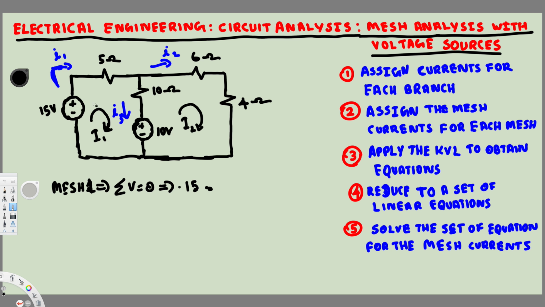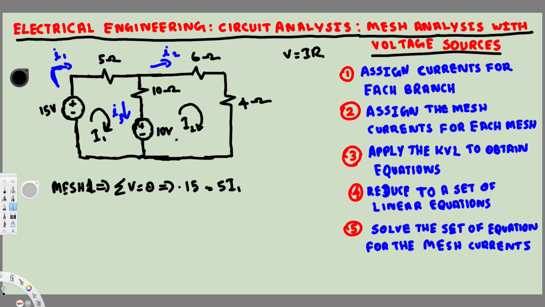We know that V is equal to IR, right? So this is going to be 5I1. And again in this one, I1 goes in this direction. Here we have 10 ohms, and I1 goes along the current's path, and I2 goes opposite to this.